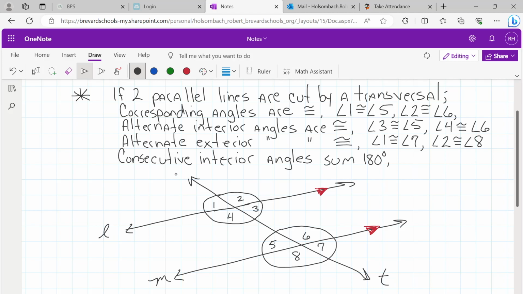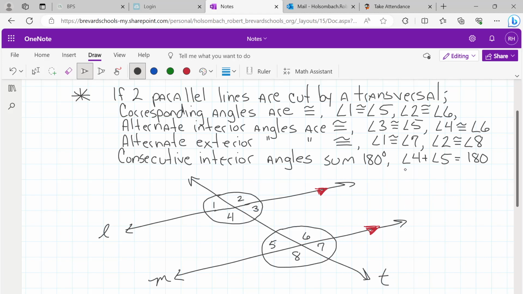And finally, consecutive interior angles. Consecutive means same side of the transversal in the interior region. So angle 4 plus angle 5 equals 180. Same side of the transversal in the interior. Consecutive interior.